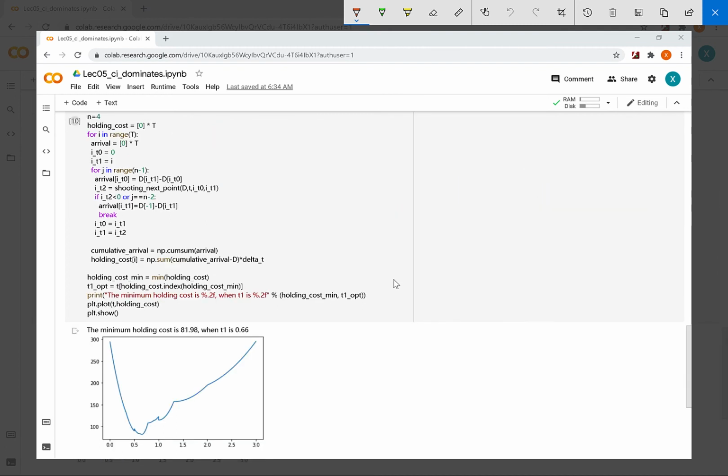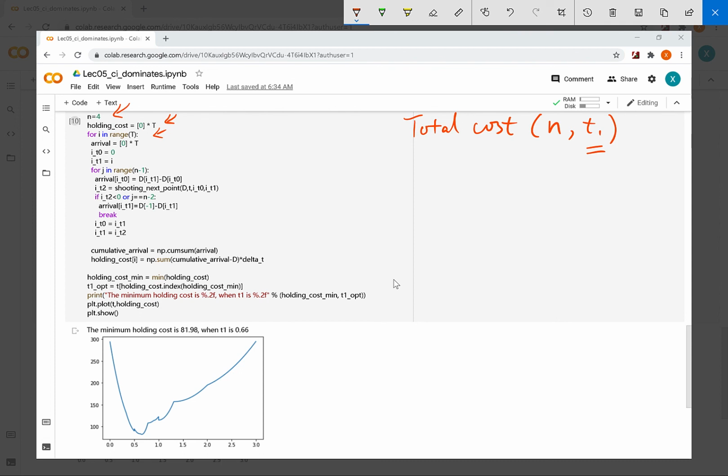And then last, we can implement the solution for total cost. Remember, our total cost has two parameters, n and t1. So here, for example, we set n equals 4. Then our task is to enumerate all possible t1 to get the minimum holding cost. Here we initialize the holding cost to be all 0.